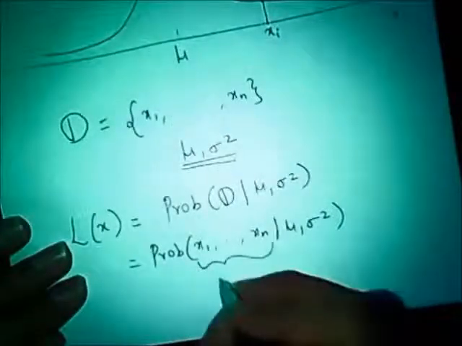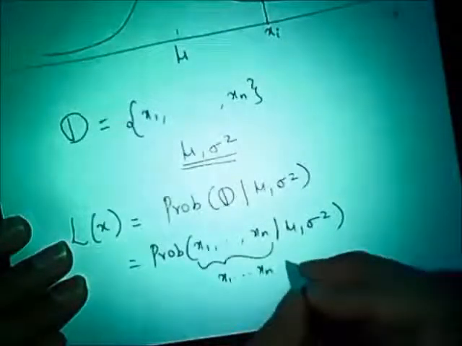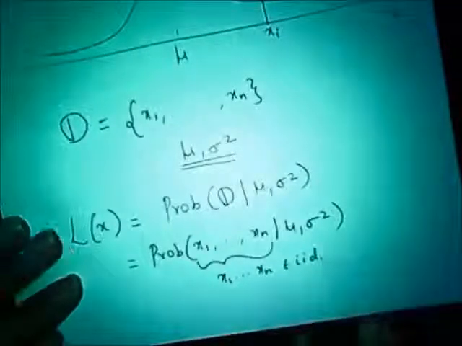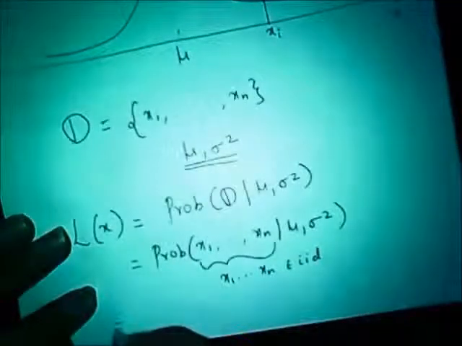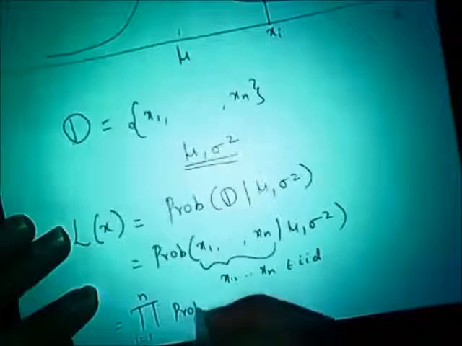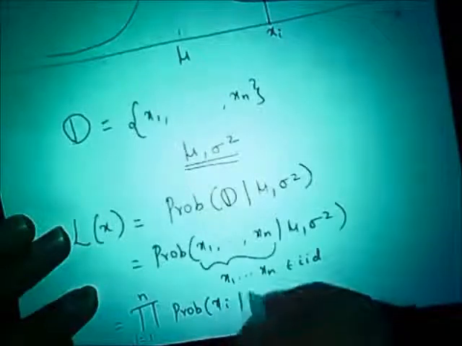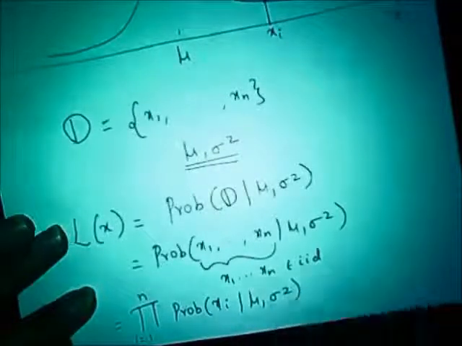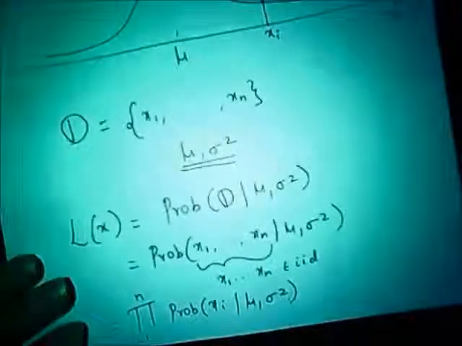And we are going to assume that x1 until xn are IID. So this would become a product of probability of xi given mu, sigma squared. Like before, we are going to take the log of the likelihood function and convert the product into a summation.